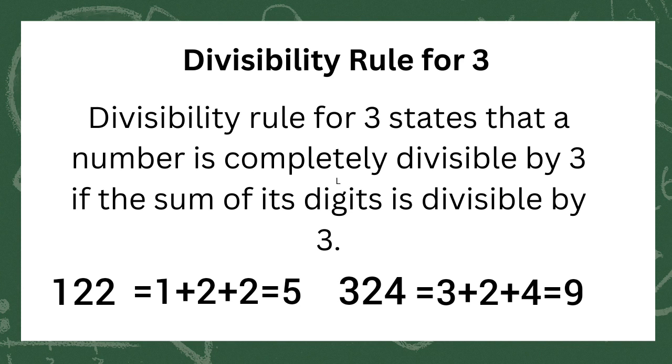That gives us 9. Now, looking at 5 and 9, which is divisible by 3? Obviously, 9 is, 5 is not. This means that 324 is divisible by 3, while 122 is not divisible by 3.